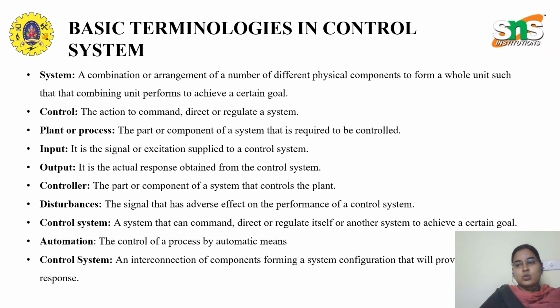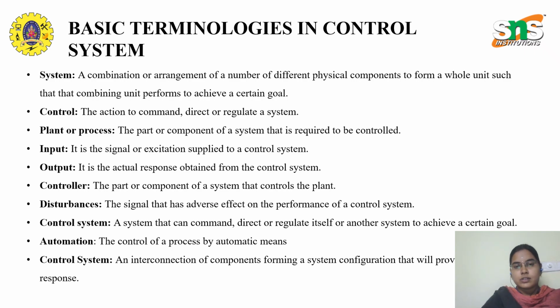So let us know about the basic terminologies. We know a system is a combination of different physical components, an arrangement of different physical components to form a whole unit. That combined unit performs to achieve a certain goal, right? Control is a command, an action to command, direct or regulate a system.